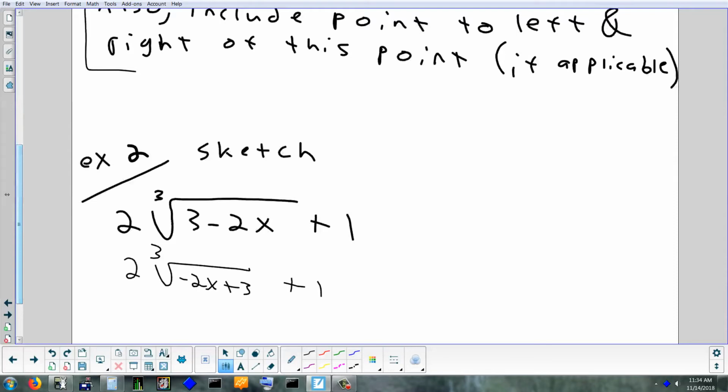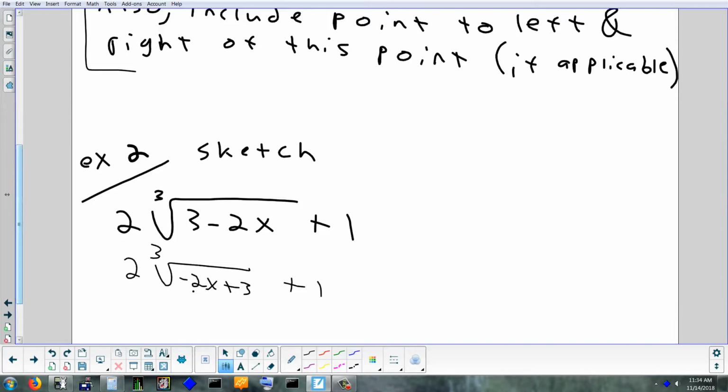But this is going to be a horizontal shift, 3 units to the left. This 2 would be a horizontal compression by a factor of 2. Remember, it does the opposite. Big numbers actually make it smaller. The negative would cause a horizontal reflection. The 2 would be a vertical stretch by a factor of 2, and the +1 would be a shift up 1.